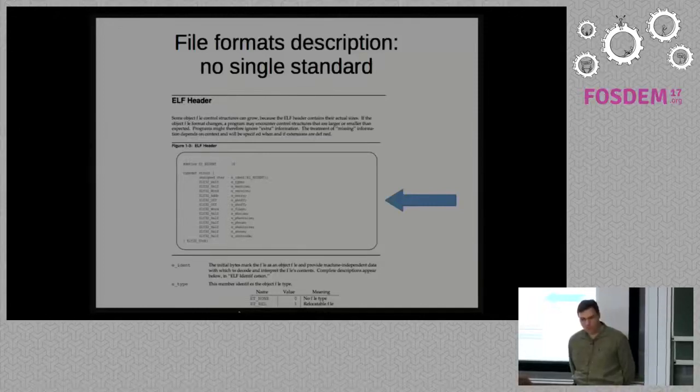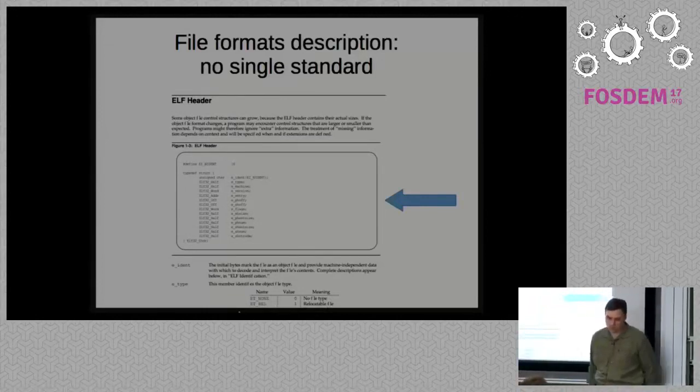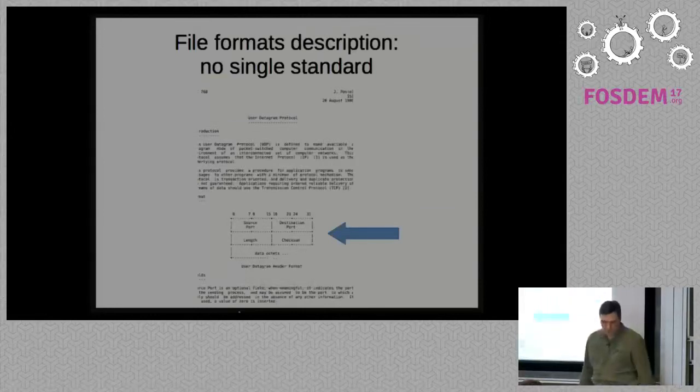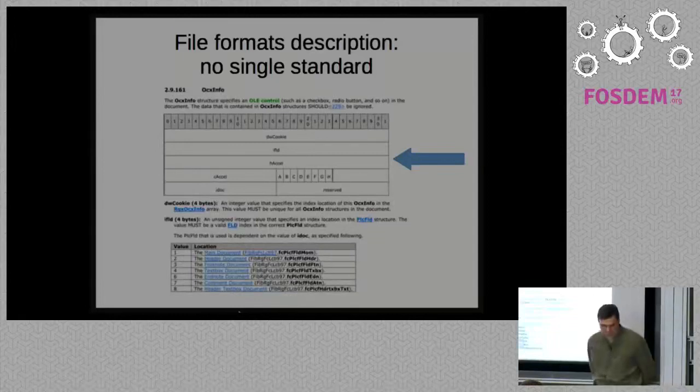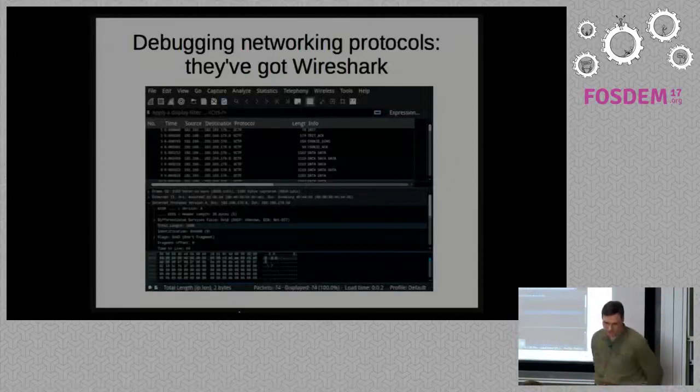Actually, if we take a look at the documents provided by file format authors, there are quite a few things invented to describe a file format, such as C structures, as we see here with ELF headers, intricate tables, as we see here with network protocols, and even more intricate tables, as we see here with some random page describing the Microsoft Word document format that maps some bytes and bits and tries to explain their values.